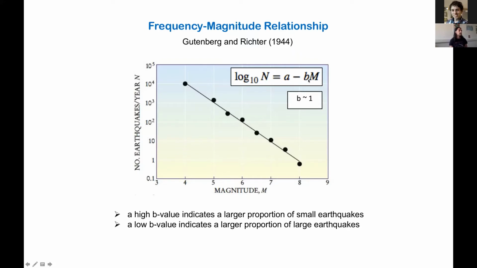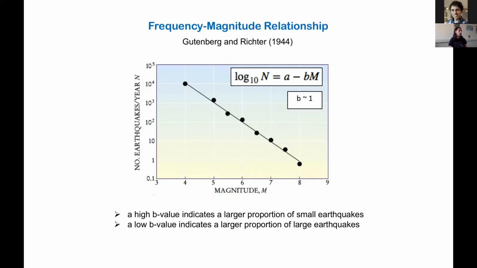And this b-value, or the slope of this straight line, is generally close to 1 for any given region, which means that for one earthquake of magnitude 8, you will have 10 earthquakes of magnitude 7, 100 earthquakes of magnitude 6, and so on. So basically the b-value is telling us the relative proportion of small earthquakes in comparison with large earthquakes.